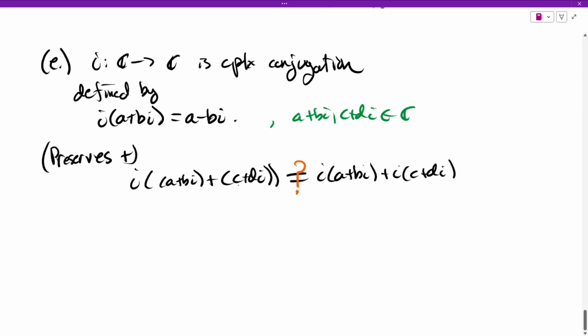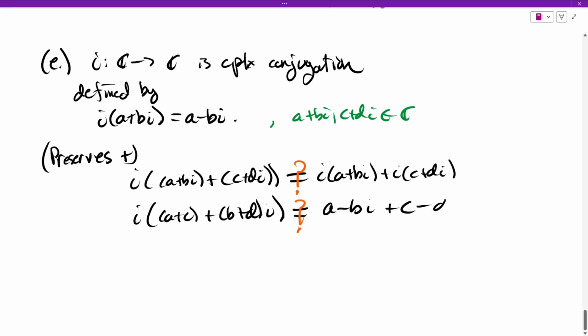On the left-hand side, we have to add first before evaluating. So we get a plus c plus (b plus d)i. That's the rule. And then on the right-hand side, we can actually go ahead and evaluate, so it's a minus bi plus c minus di. Now that the left-hand side is in the form of a complex number, we negate the imaginary part.